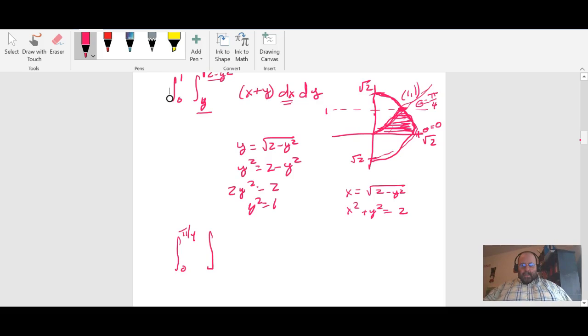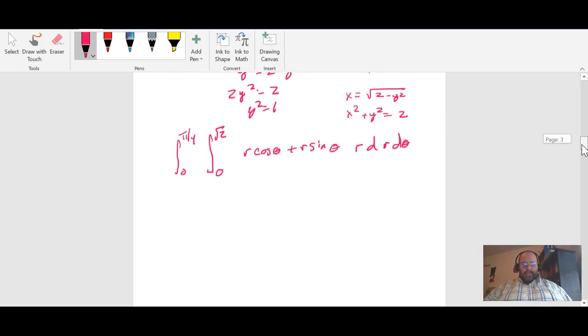And then on the inside, I should be running from 0 to a circle with a radius of root 2. So that's just 0 to root 2. And then I have x plus y, which is r cosine theta plus r sine theta. And remember, it's r dr d theta. Okay, so now I have the integral.